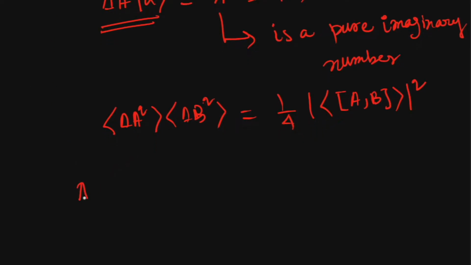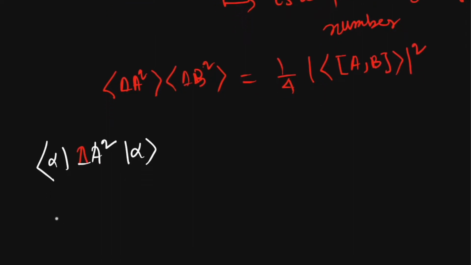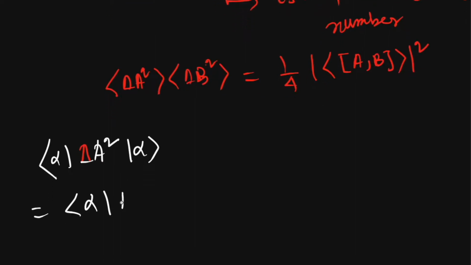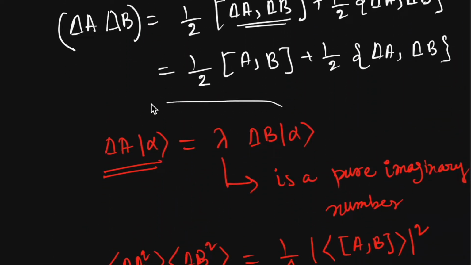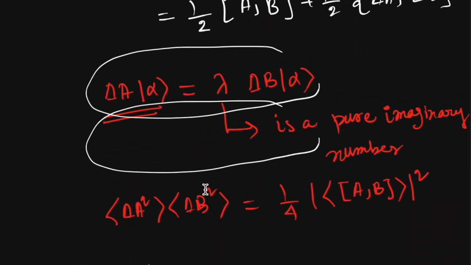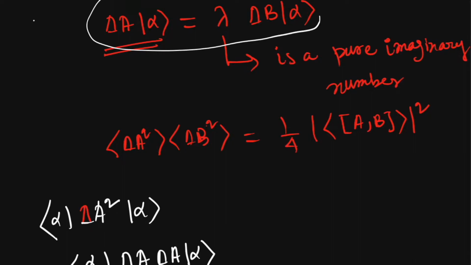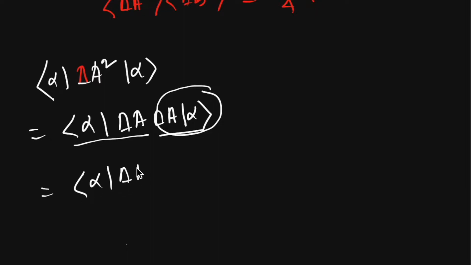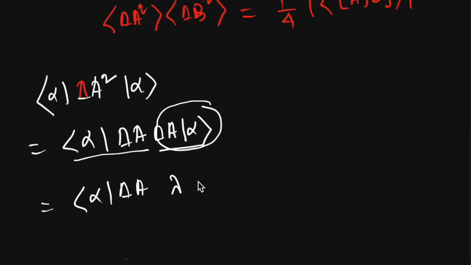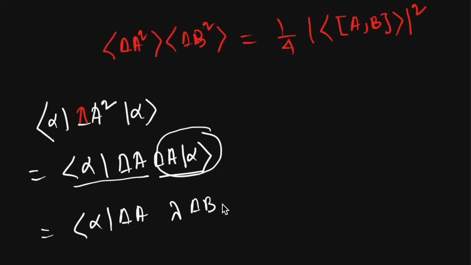Now calculate alpha delta A squared alpha. If this relation holds, then this will be alpha delta A, lambda delta B alpha.